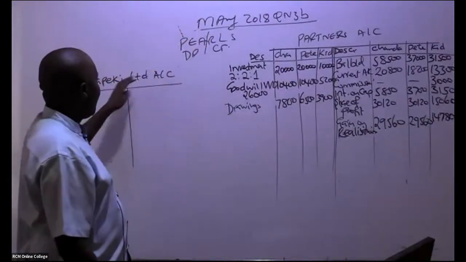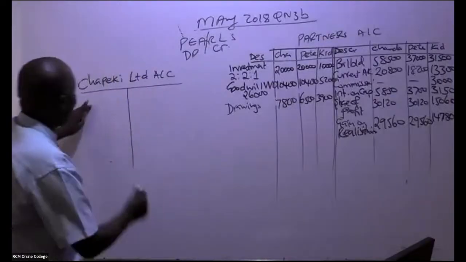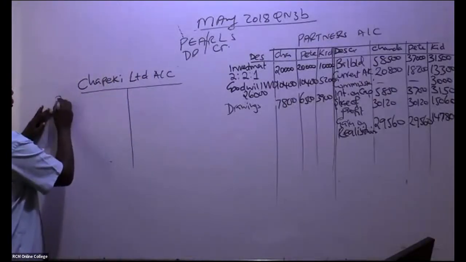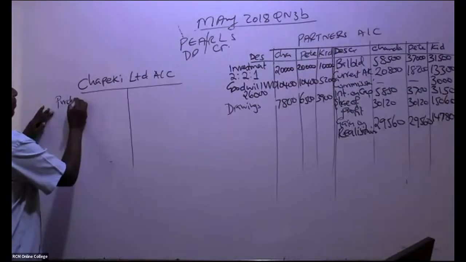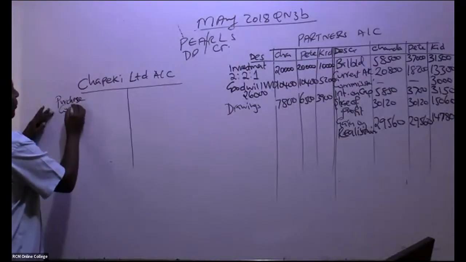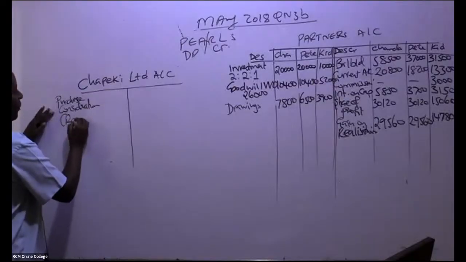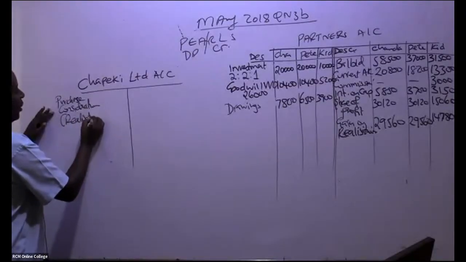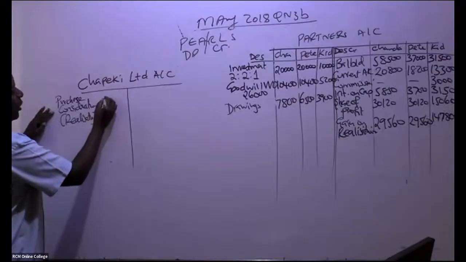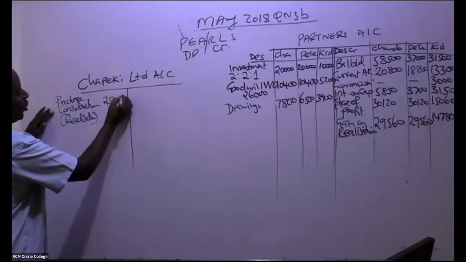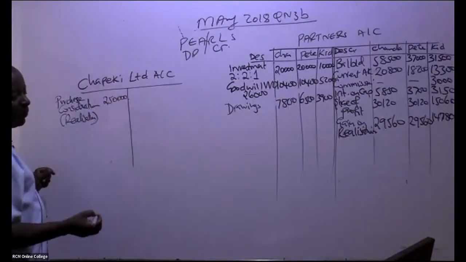So the double entry is here. You debit purchase consideration through the realization. This was 250,000.